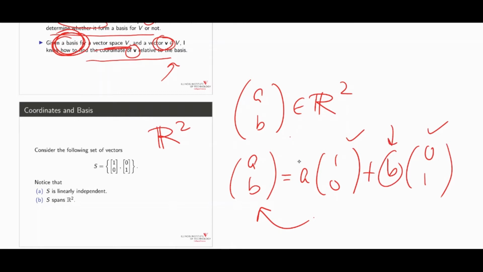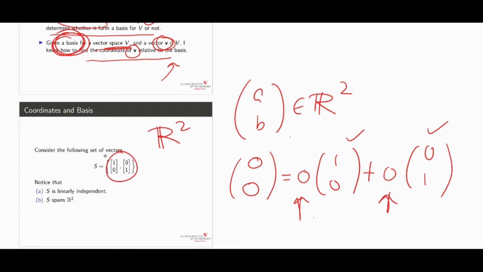You can also see linear independence. If you want to reach the zero vector, there is only one way you can do that, which is this. So by the definition of linear independence, these two vectors are linearly independent and they span the space.